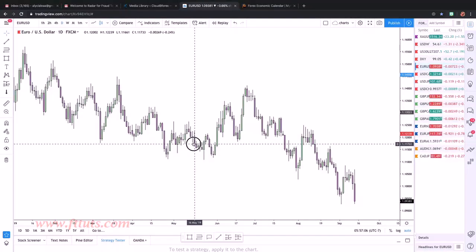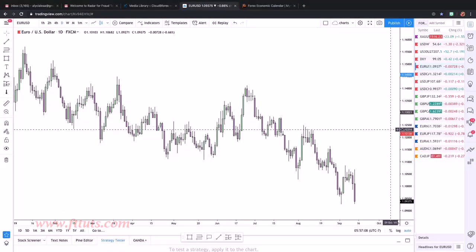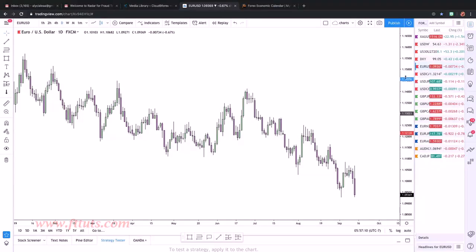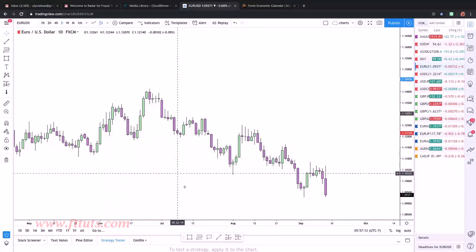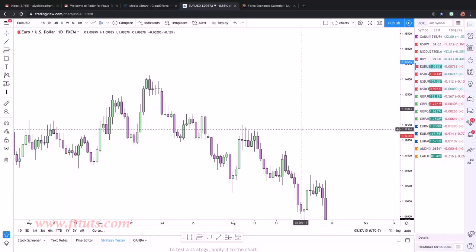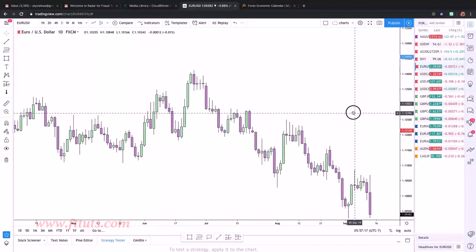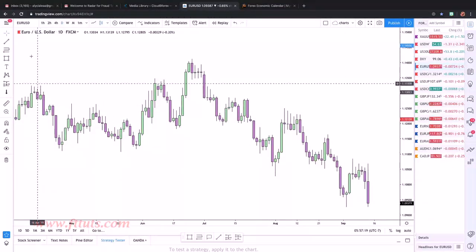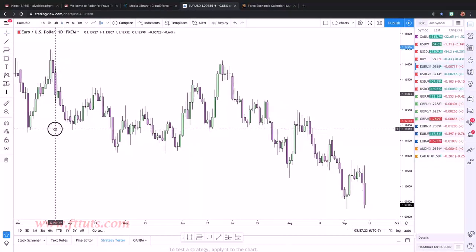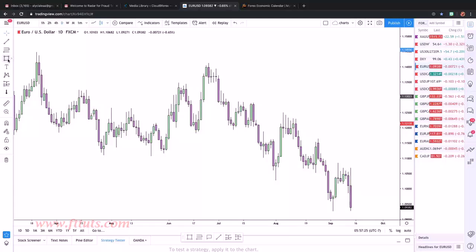Okay, so I'm not going to go too far away from price, so let's go right here. Okay, so we have a resistance zone right here.